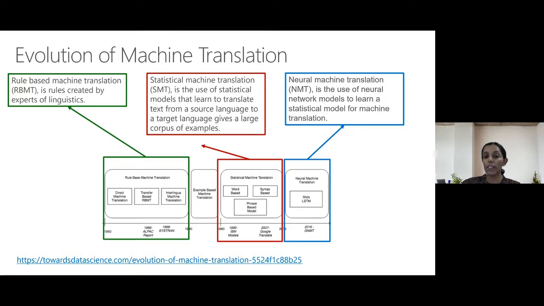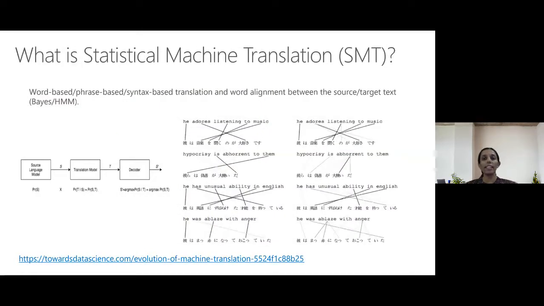Over the next few slides, we'll get into what is rule-based, statistical, and neural. And towards the end of the talk, we'll focus on neural machine translation, which is what we use in Bing Translate, etc.